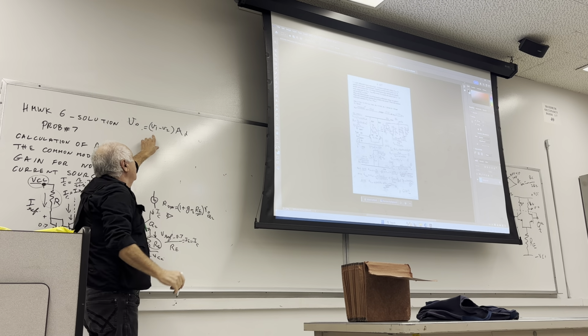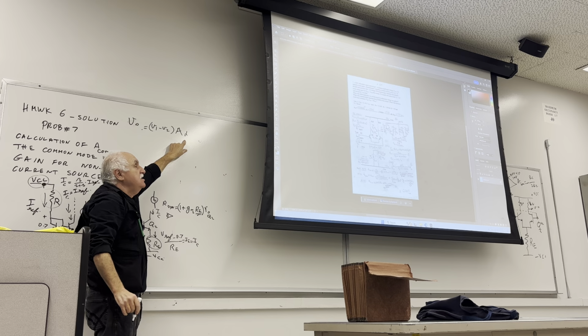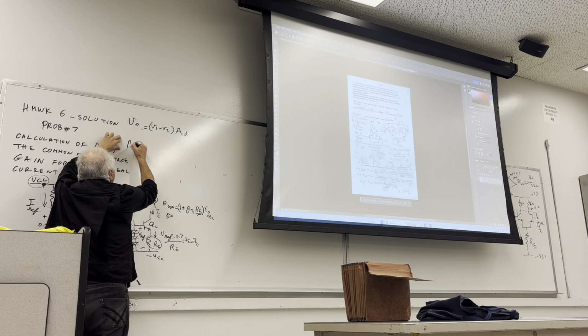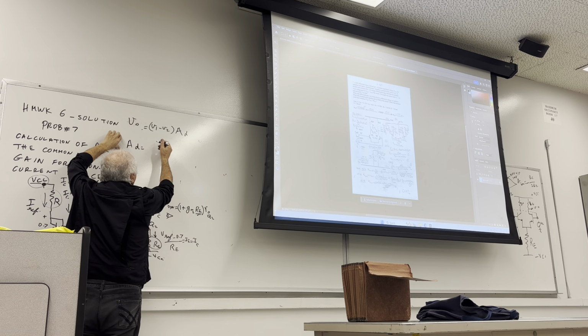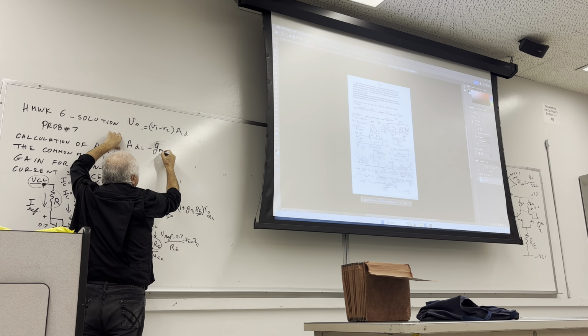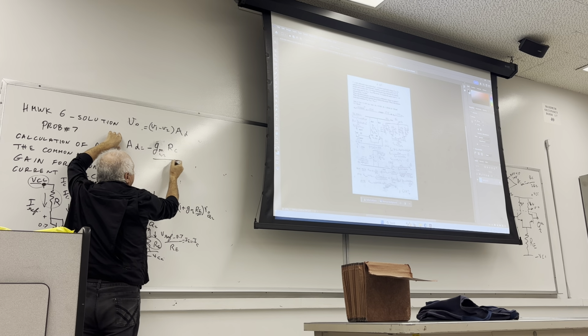And this voltage gain, AD, is equal to minus GM of transistor 1 or 2 multiplied by RC divided by 2.